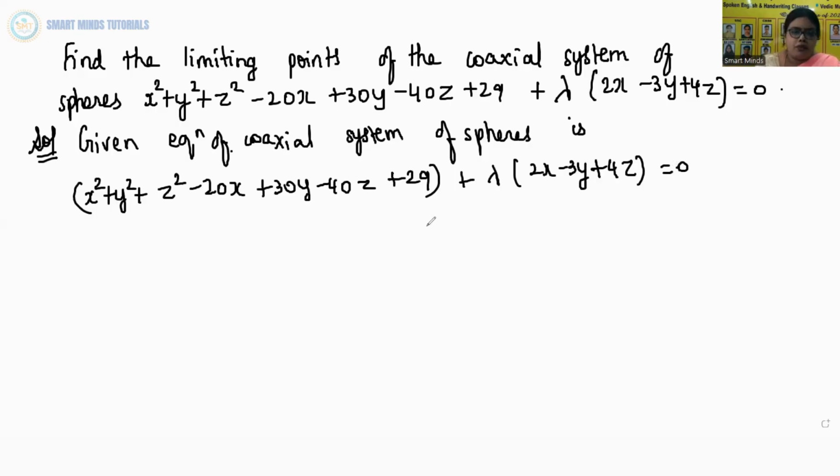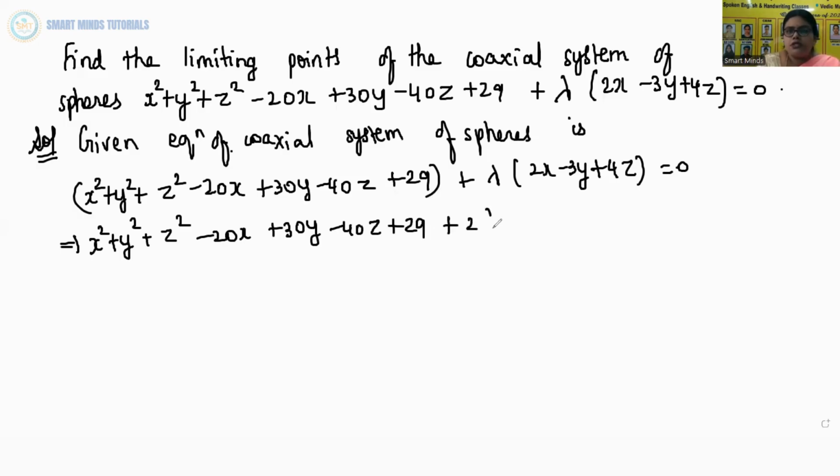This is the plane equation. So if I open the brackets, we get x square plus y square plus z square minus 20x plus 30y minus 40z plus 29 plus 2 lambda x minus 3 lambda y plus 4 lambda z is equal to 0.